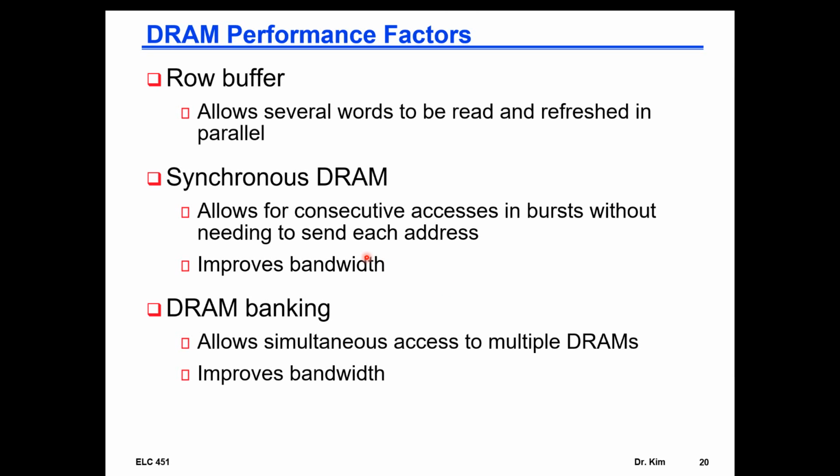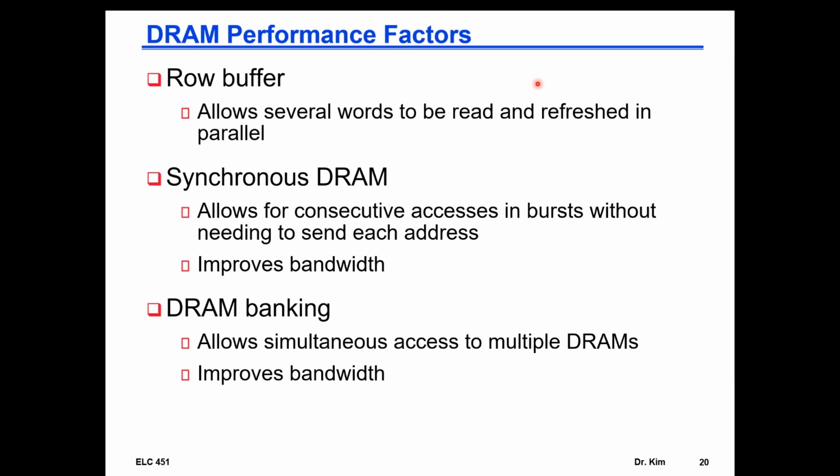If you have buffering, you can read and also refresh in parallel because now you have a buffer. And again, if you can put more transistors and more devices like capacitors in a single chip, it allows you to apply these types of techniques that rely to a certain extent on redundancy.